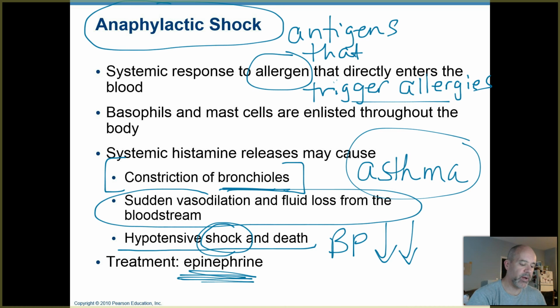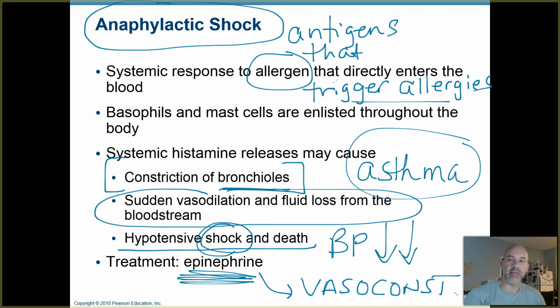Good old epinephrine, epi. You guys know that people who are in danger of going into anaphylactic shock because they have some kind of allergy will carry EpiPens with them, and that's the same epinephrine that our body manufactures naturally. But if you guys remember, one of the major things that epinephrine triggers is vasoconstriction.